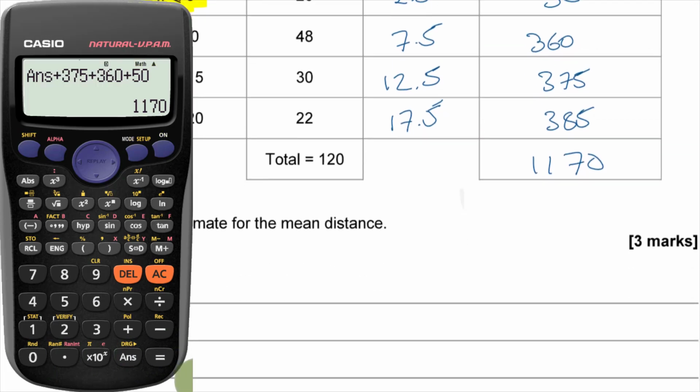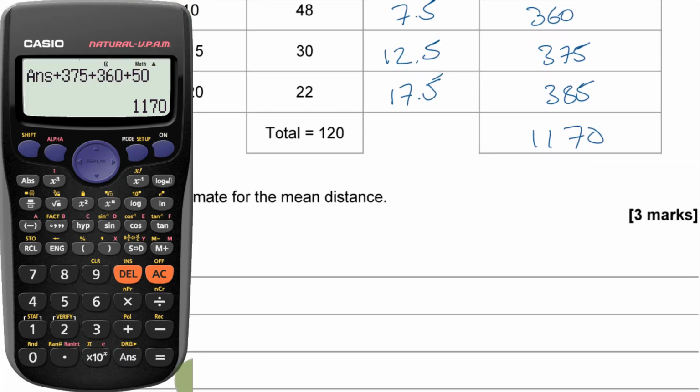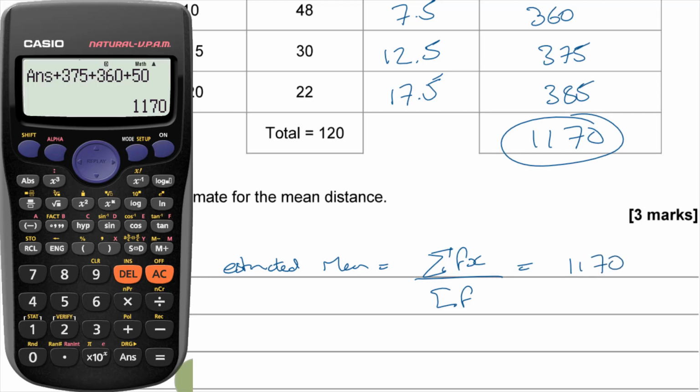So then my estimated mean is going to be my sigma fx divided by my sigma f. In other words, the sum of fx, which is this value here, 1170, divided by my sigma f, that's the sum of my frequencies, which is this value, 120.